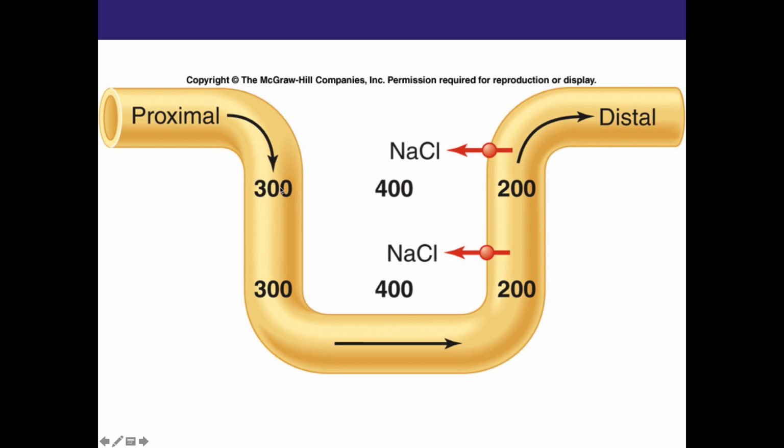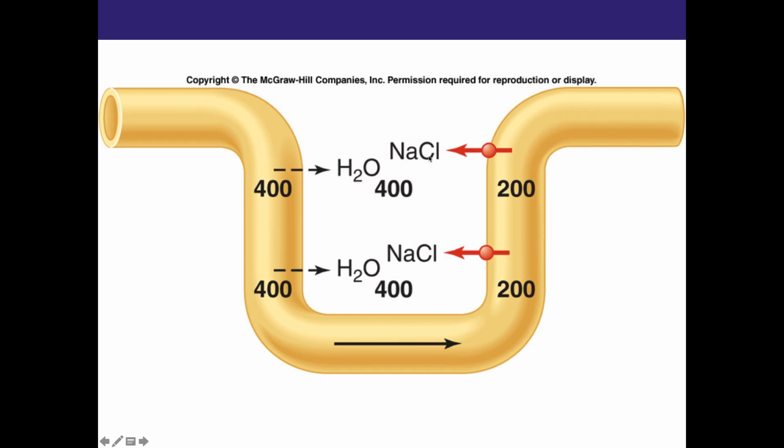But as it rounds the bend here, the red arrow signifies active transport mechanisms. It's pulling salt out, and that helps to increase the driving force for water to be pulled out. Remember that the salt is staying in the interstitial fluid as well.